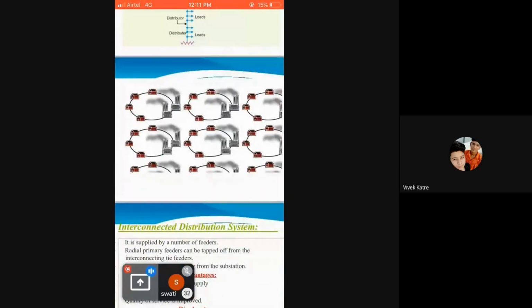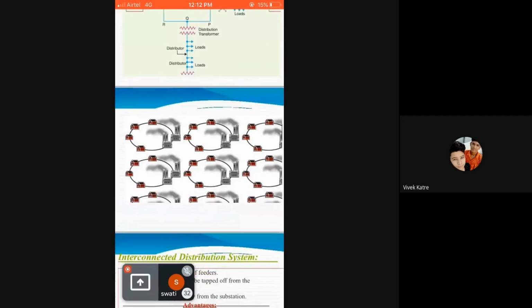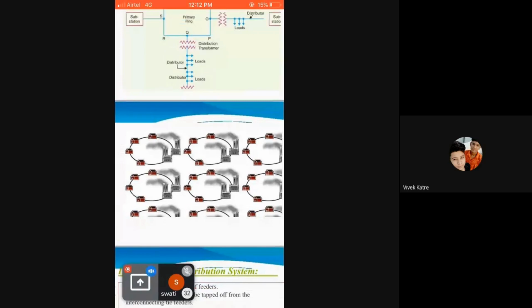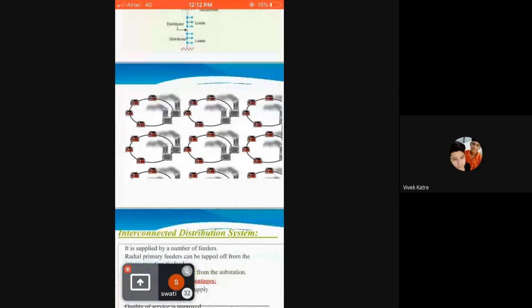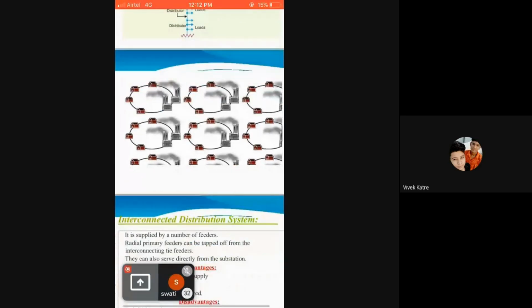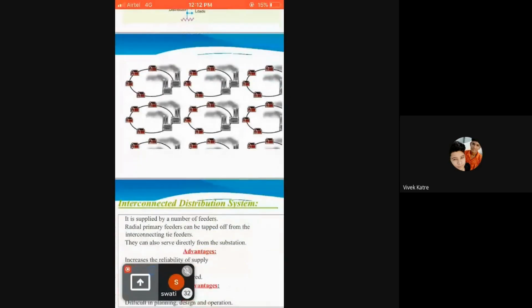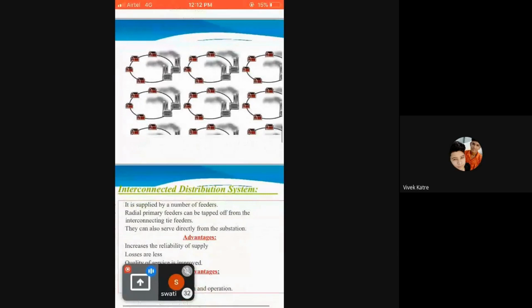It consists of two or more paths between power sources and the customer. The loop circuit starts from the substation bus bars, makes a loop through the area to be served and returns to the substation. This is the construction of the ring main system or loop distribution system.